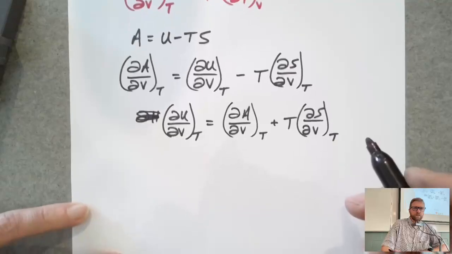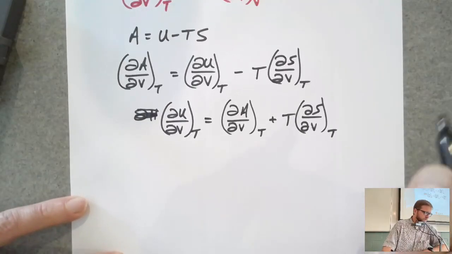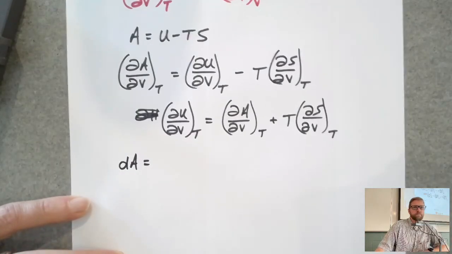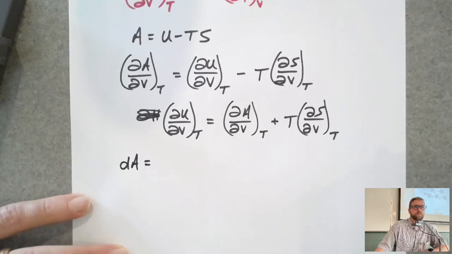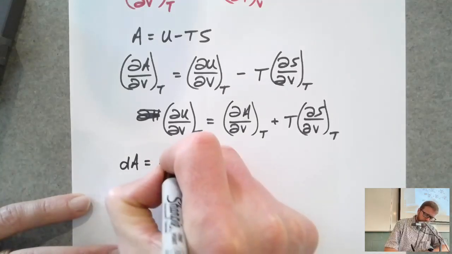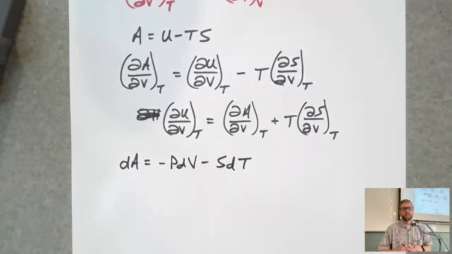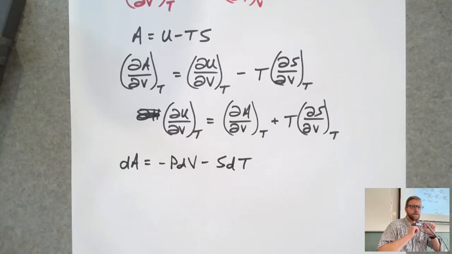what is the differential of A in terms of its natural variables? It's this. Now, if I write it out, what are its natural variables?